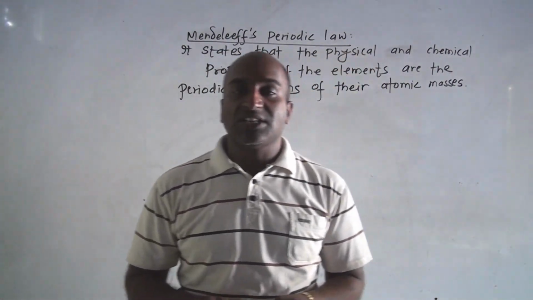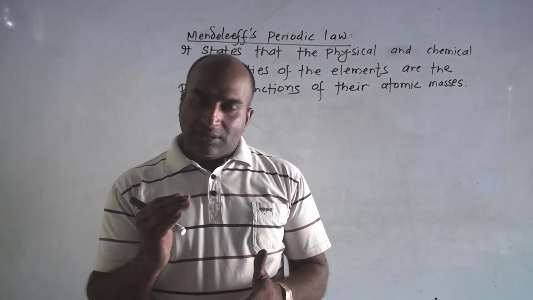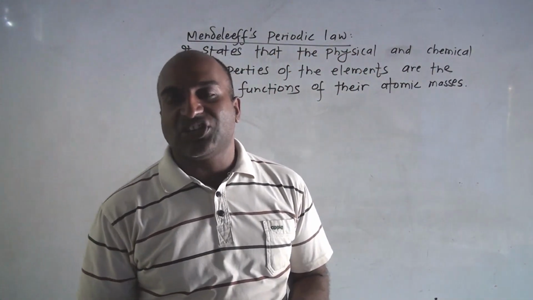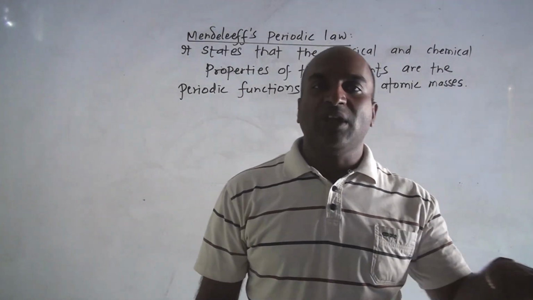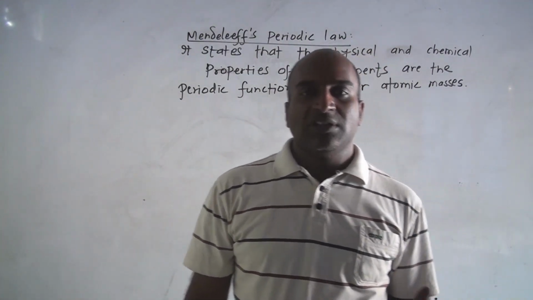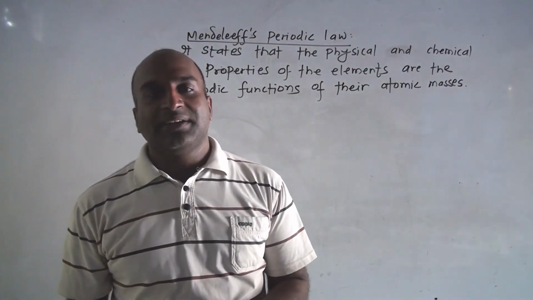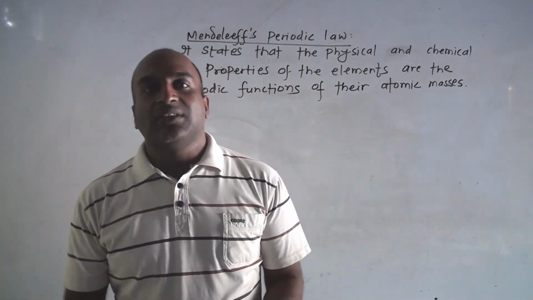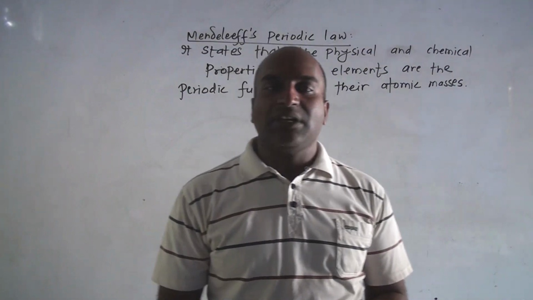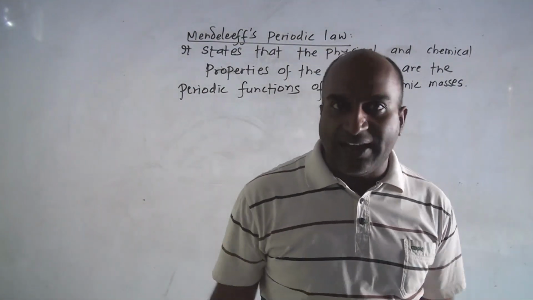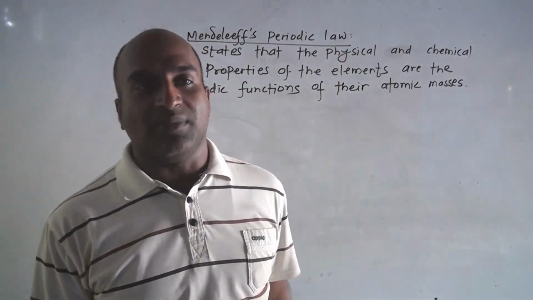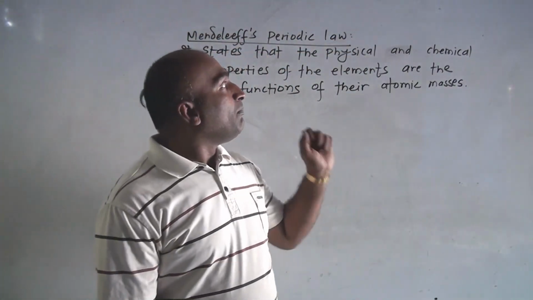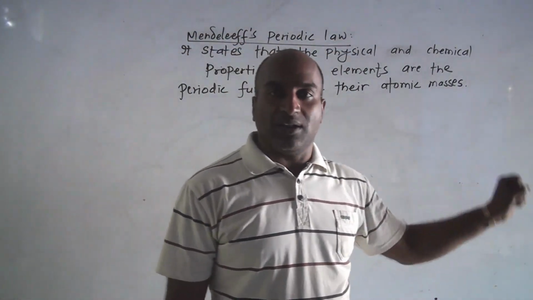I have already discussed that it was Dmitry Mendeleev who arranged the elements in increasing order of atomic weight. He took the fundamental property of elements, atomic weight, and systematically arranged the elements known at that time in increasing order of atomic weight. That tabular arrangement of elements is called Mendeleev's periodic table.